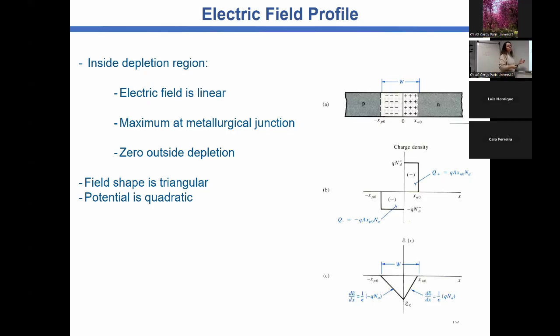So in terms of the charge density, here is one graphic, the B, the graphic of charge density. We have the distribution of the position in the film.